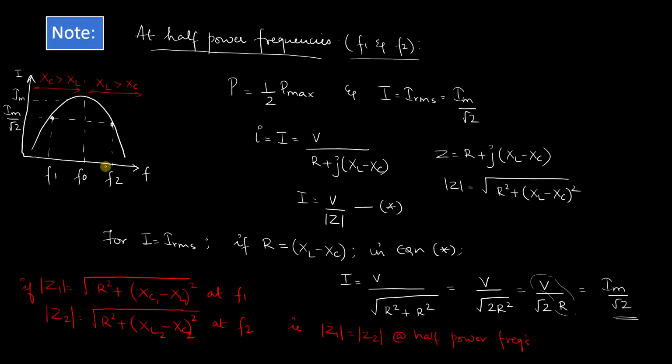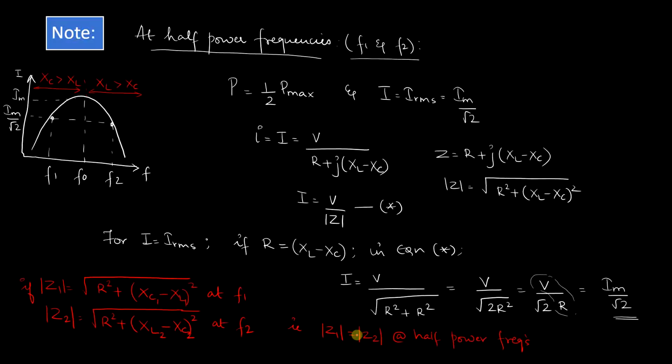Has everyone understood? Since the current is the same in both cases, as we have seen from the frequency response curve, and the applied voltage is not changing, then Z will also be equal at F1 and at F2. I am not considering the remaining part. Right now this equation I have written only for F1 and F2, so I am saying only at frequency F1 and F2 these two impedances are the same. Clear, no? Yes, ma'am.